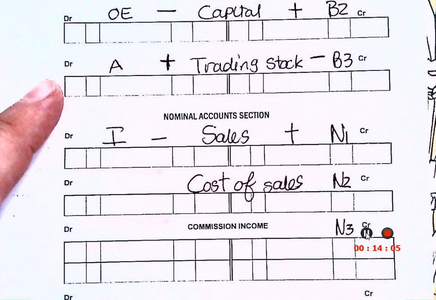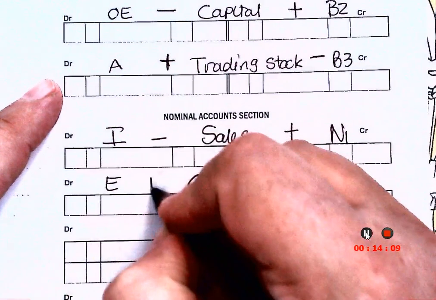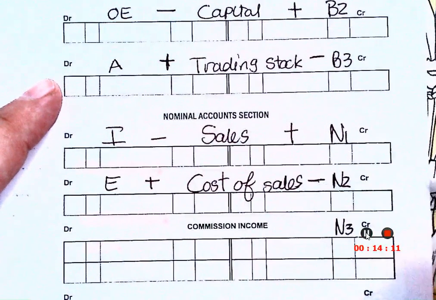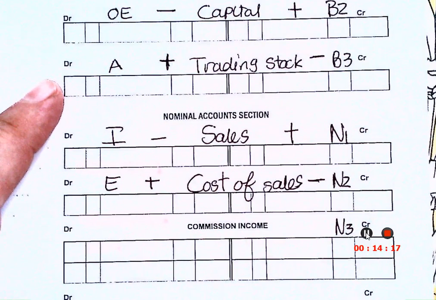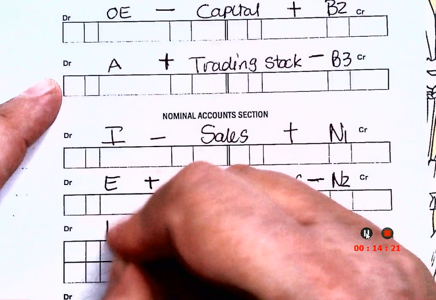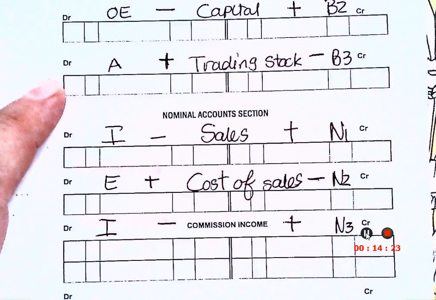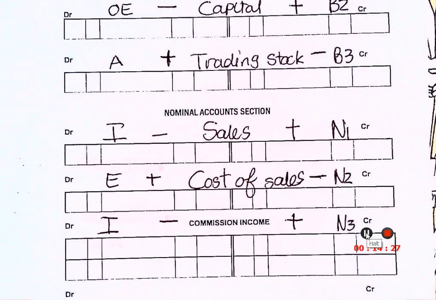Why? Because it's an expense. So it's plus on the debit side. What is commission? Income. Debit or credit? Credit. So it's plus on the credit side.